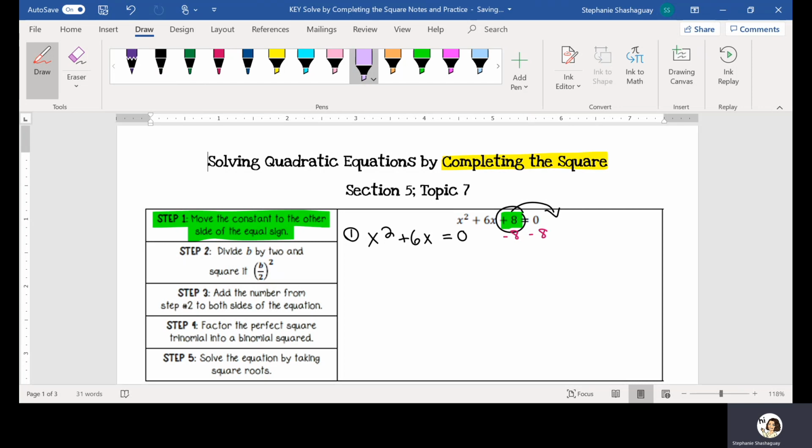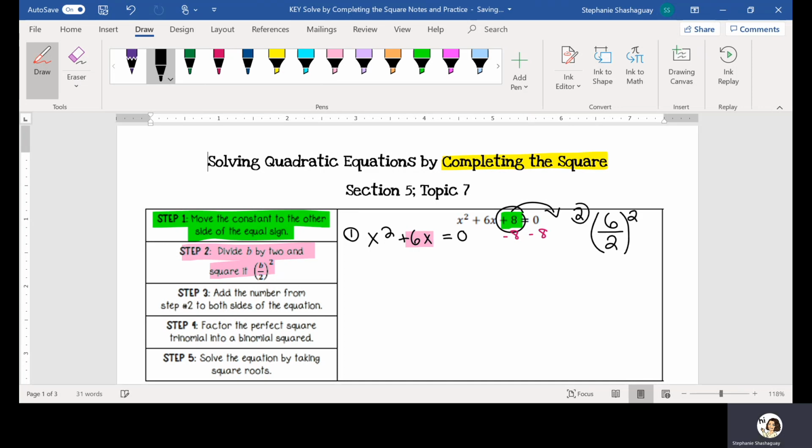Step 2 says to divide b by 2 and square it. So our b term, and I'm going to highlight that in pink, because if you remember correctly from factoring, our b term we always highlighted in pink. So we're going to take that b term, 6, divide by 2, and square it.